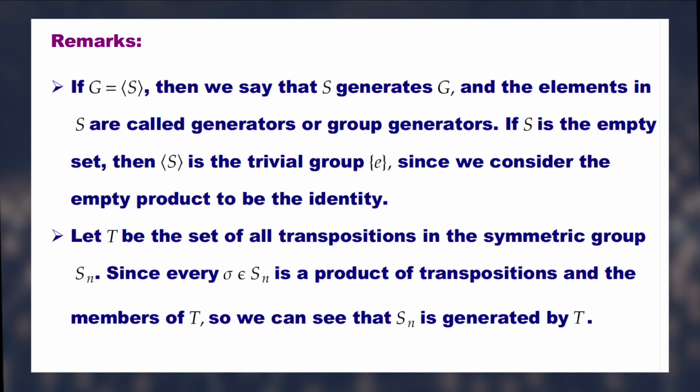Let T be the set of all transpositions in the symmetric group Sn. Since every sigma belonging to Sn is a product of transpositions, which are members of T, we can see that Sn is generated by T.